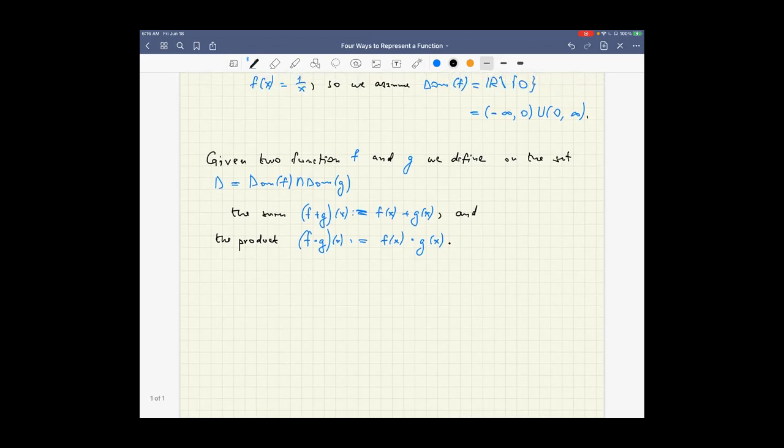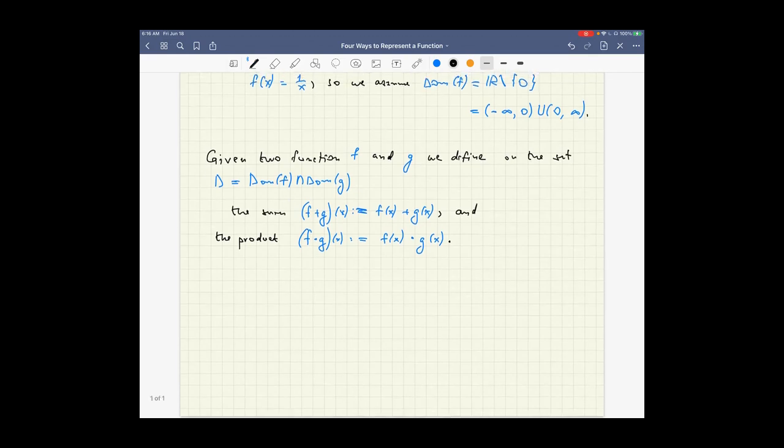We can also define the quotient of these two functions, but that's a little trickier. You have to make sure that the denominator is not 0.